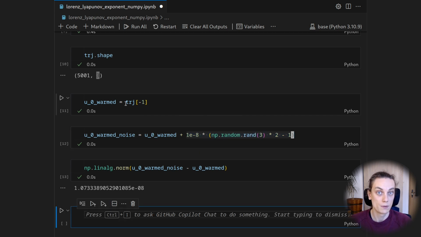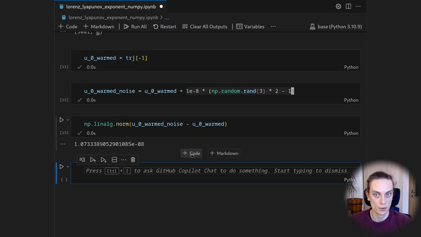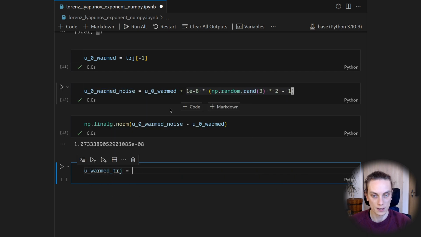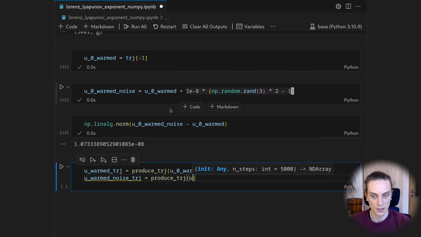Then let's produce both trajectories, with an initial condition according to U0 warmed and another one with U0 warmed noise. So let's do U warmed trajectory is produce trajectory applied to U0 warmed, and U warmed noise trajectory is produce trajectory applied to U warmed noise.